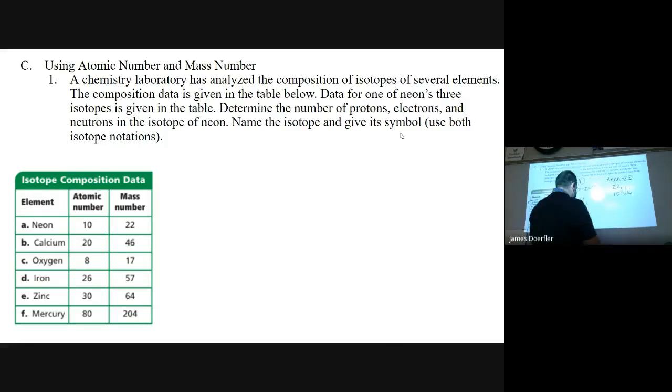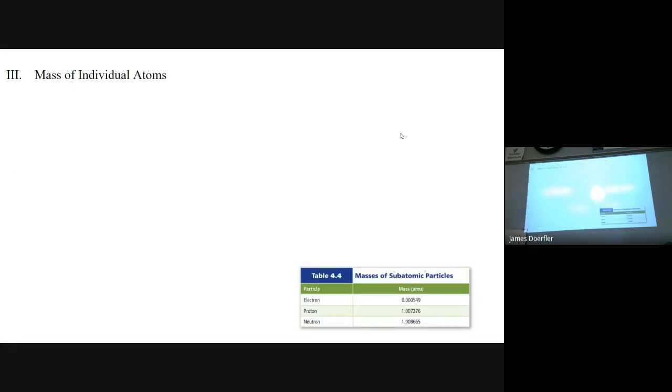Now, that leaves us with just a little bit more information to go before we wrap it up for the day. That is a little bit of history as to how we actually measure the masses of atoms and particles. Okay? We are dealing with an extremely small object, being an atom.